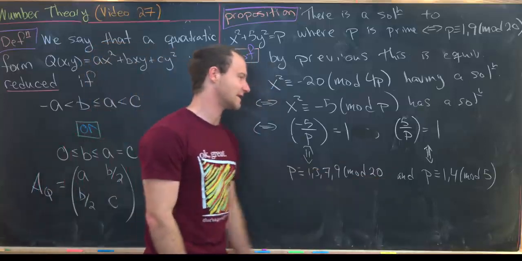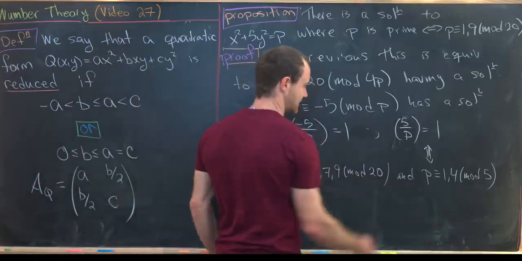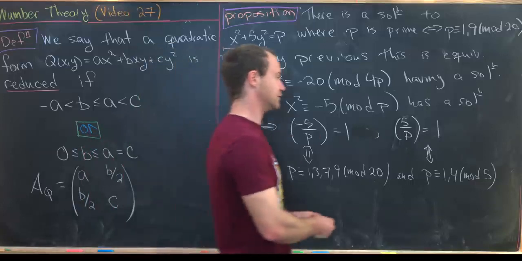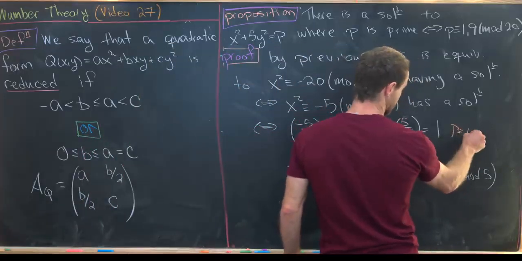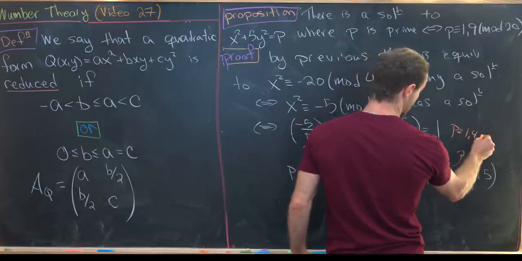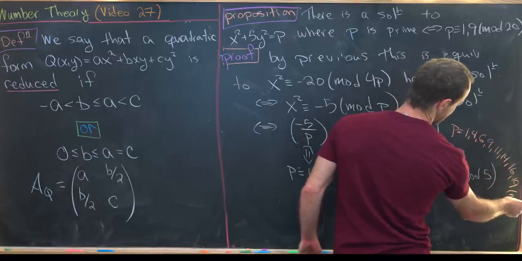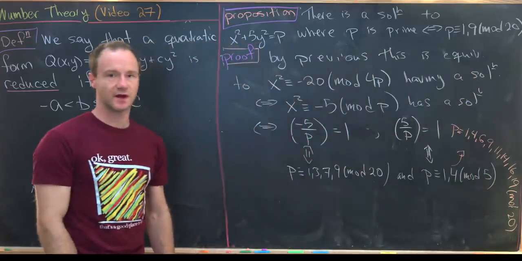But now we want to slam these two together. That's a little bit tricky while this is mod 20 and this is mod 5. So we want to extend this mod 5 to a mod 20. So we can do that and we'll see that p is congruent to 1, 4, 6, 16, or 19 mod 20. So obviously there's a lot of values there.